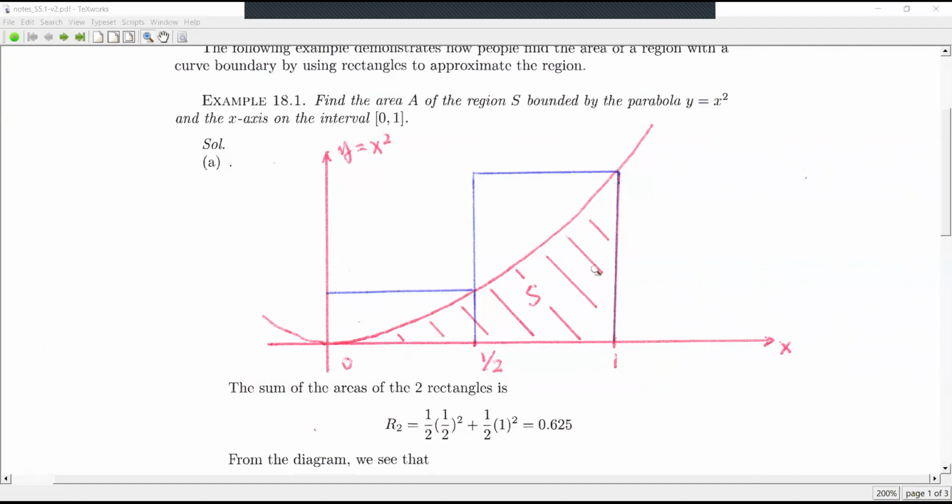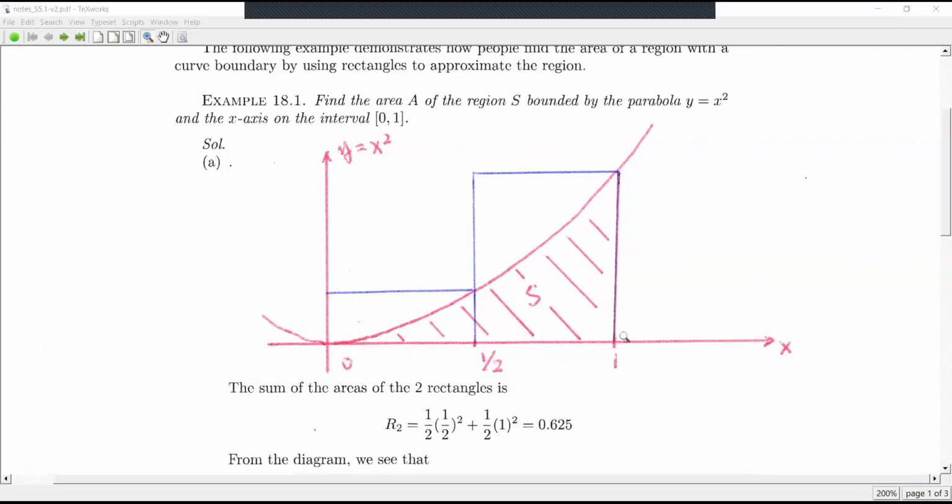Now, area of the second rectangle is base 1/2 times height, function value at 1. So this number is area of the second rectangle. Now make a sum of these two areas. Then we get 0.625.